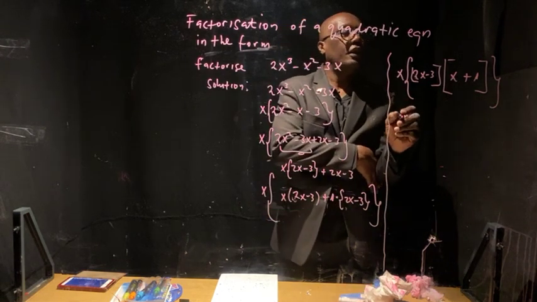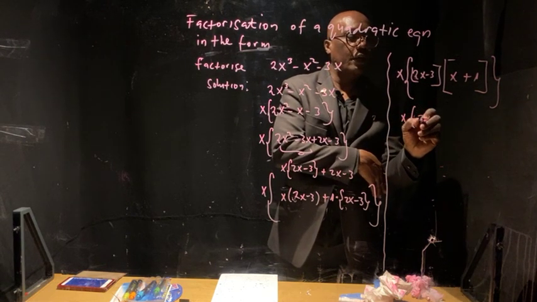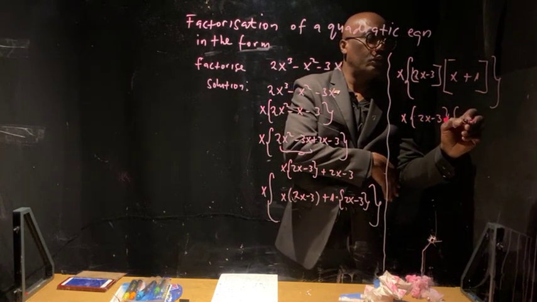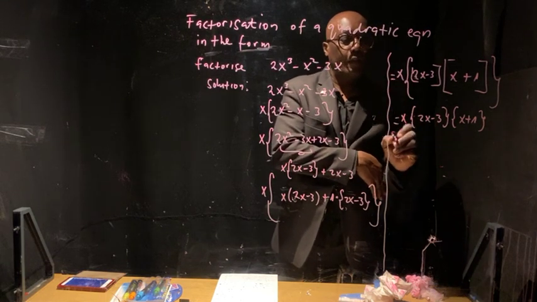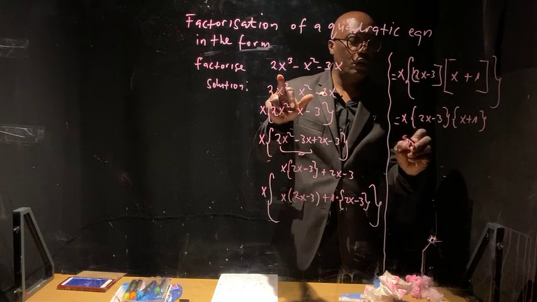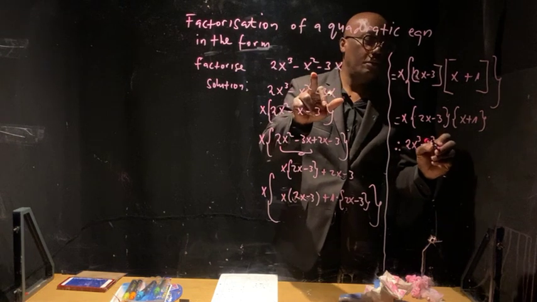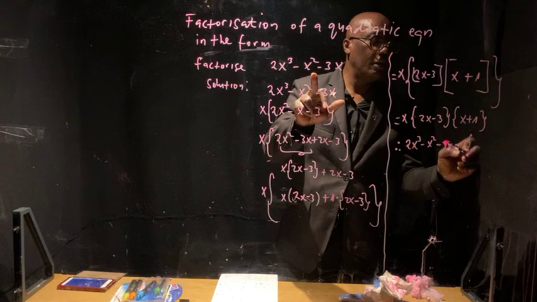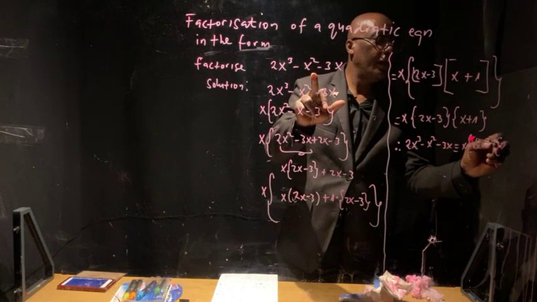So we can see that we have x(2x minus 3)(x plus 1). Therefore, 2x cubed minus x squared minus 3x is identical to x(2x minus 3)(x plus 1).